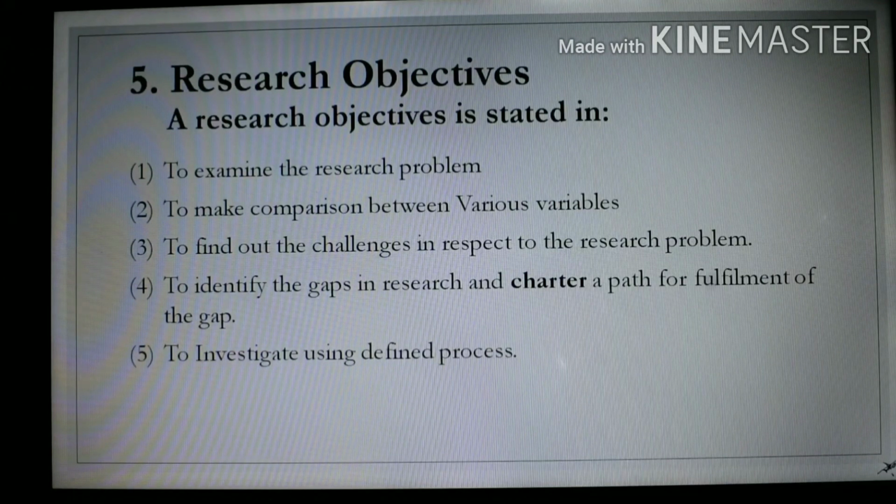Research objectives are stated as: to examine the research problem, to make comparison between various variables, both dependent and independent variables, to find out the challenges in respect to the research problem, to identify the gaps in research and chart a path for fulfillment of the gap, to investigate using a defined process. So on the basis of this example, you can set your own objectives.